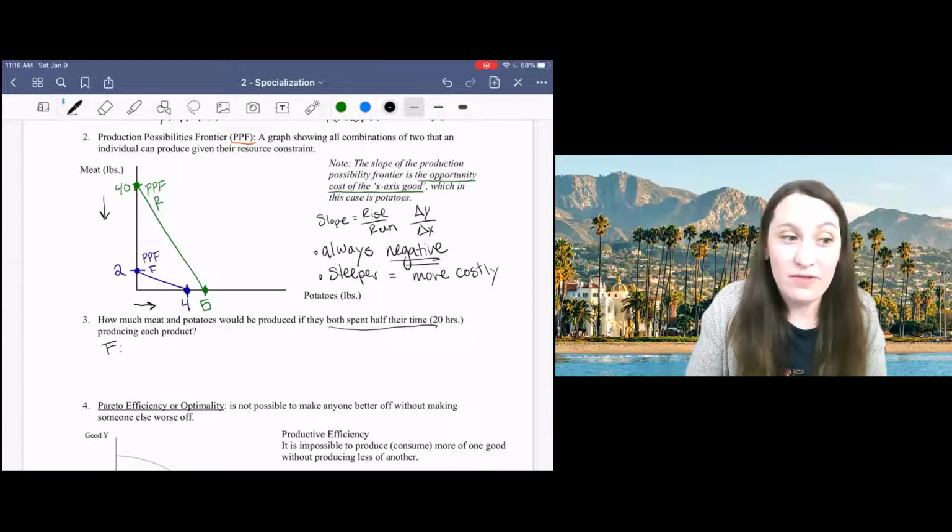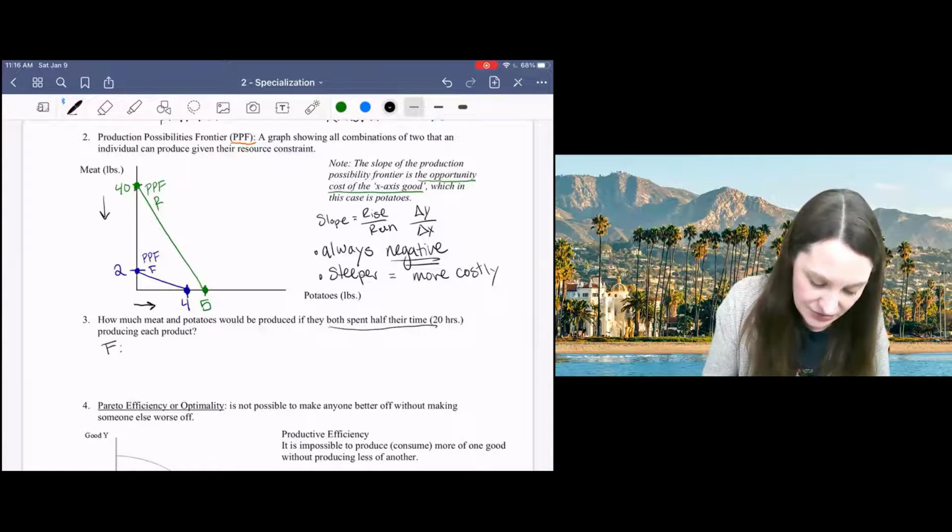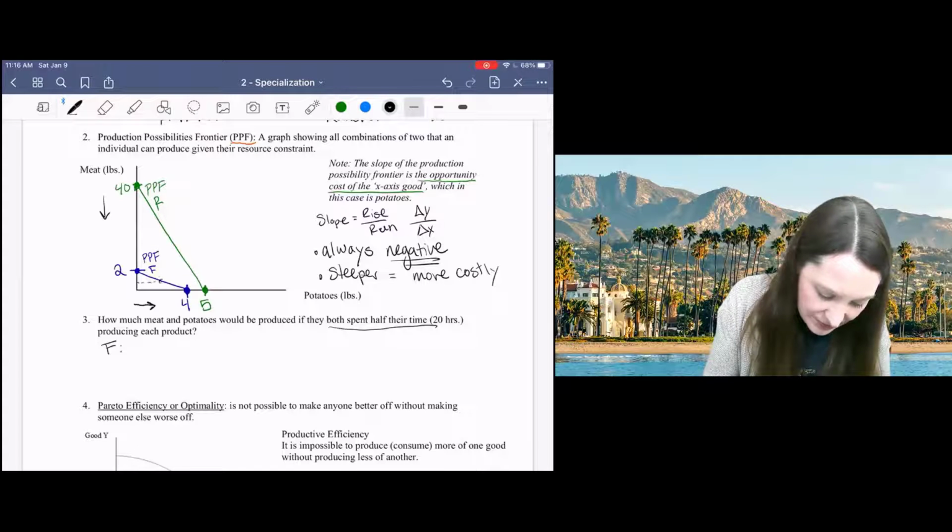All right, so for the farmer, if the farmer spends half of his time producing meat and half of his time producing potatoes, we'll be at the midpoint of the production possibility frontier, giving us 1 pound of meat and 2 pounds of potatoes.